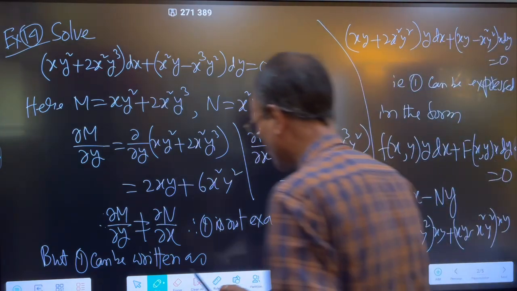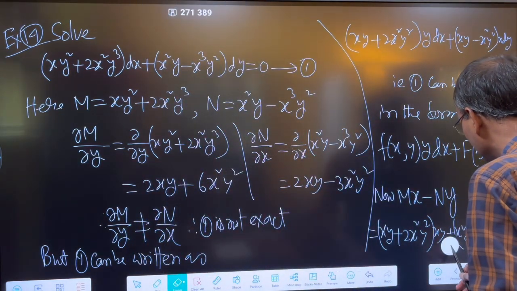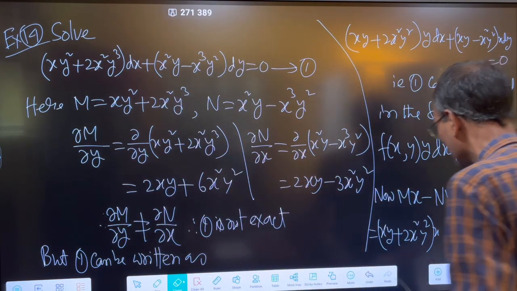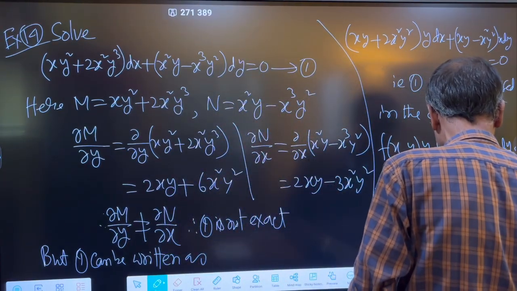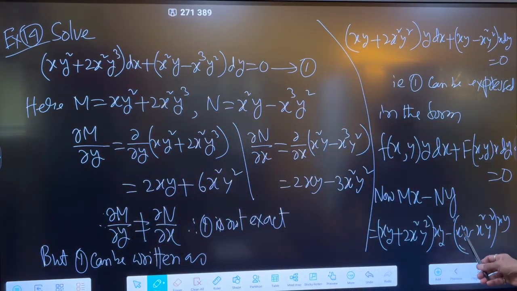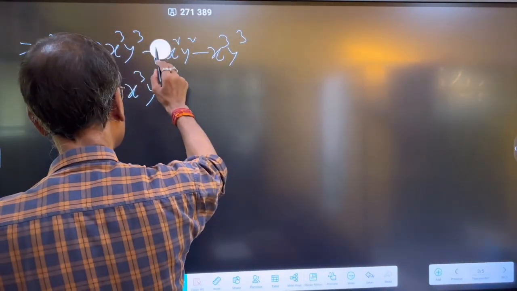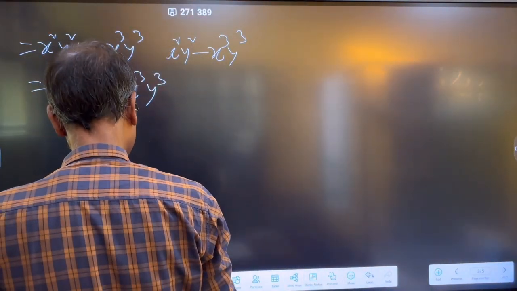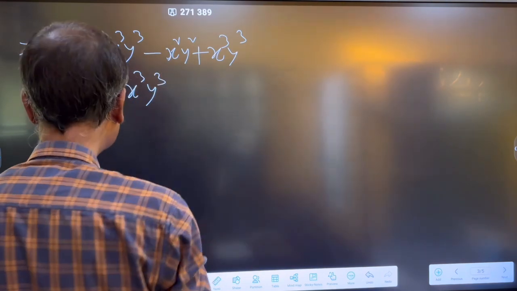Now one thing, it should be minus of this, minus x square y square plus x cube y cube.